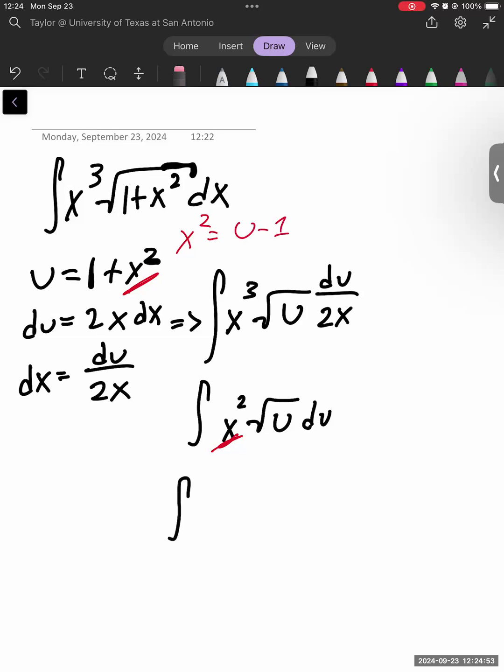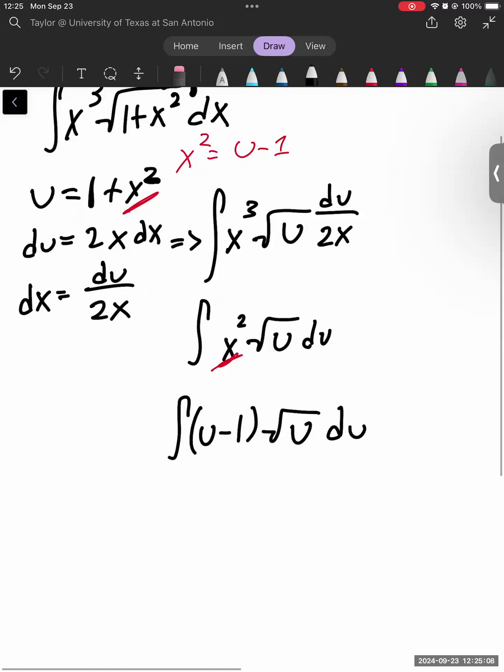So rewriting that, I get u minus 1 times the square root of u du. Okay, so really quick, I am going to change it up a little bit for y'all. So I've got u to the 1 minus 1 times u to the 0 times u to the 1/2.